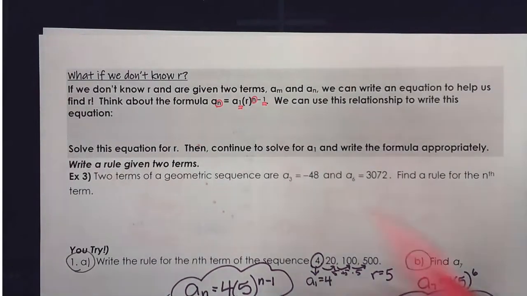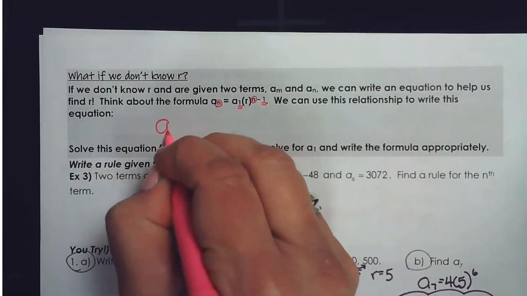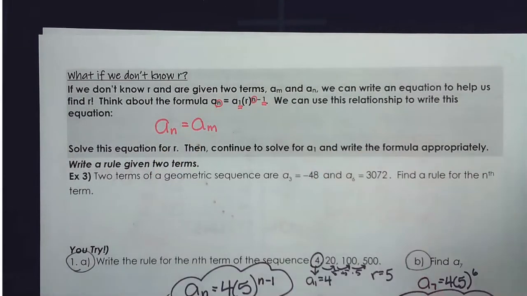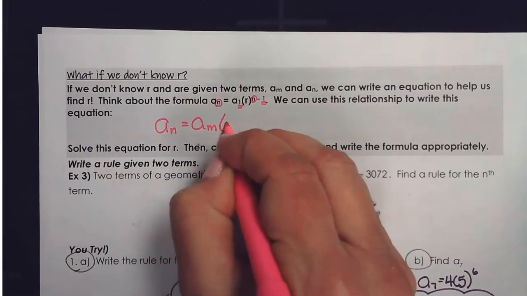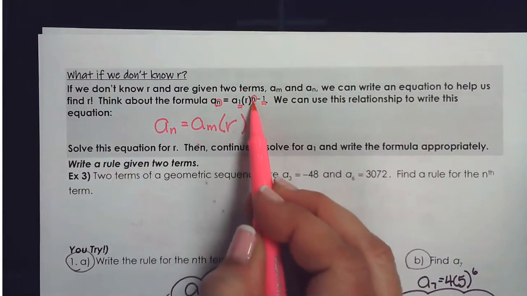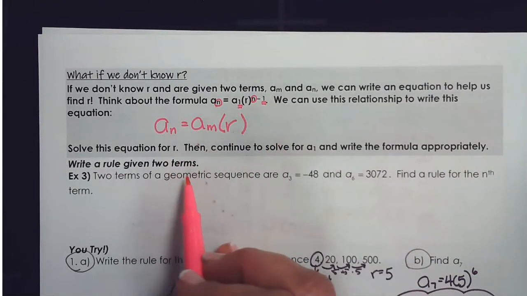Okay? So let's say that instead we didn't know a sub 1, but let's say that we know some random other term, a sub m. What we can do is we can say, all right, now instead of r to the n minus 1, what do you think our new exponent could be?